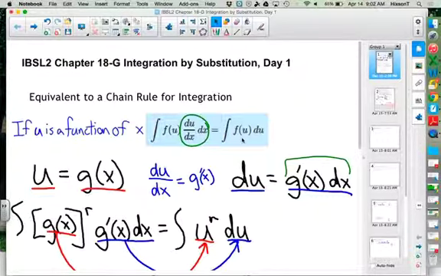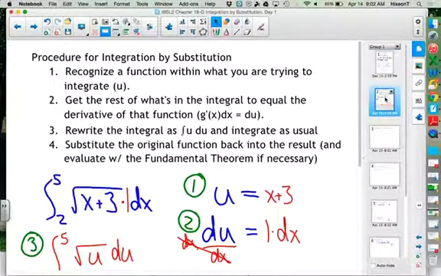We had worked partway through an example using our basic process: recognize the inner function, find the derivative, find that du, and get the rest of what's in the integral to equal that.